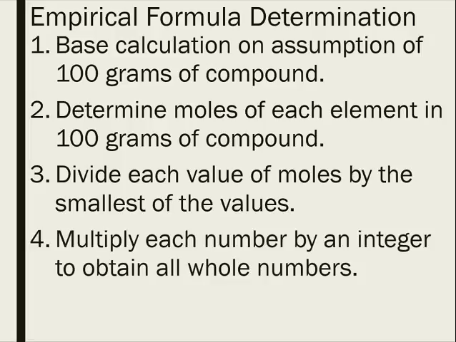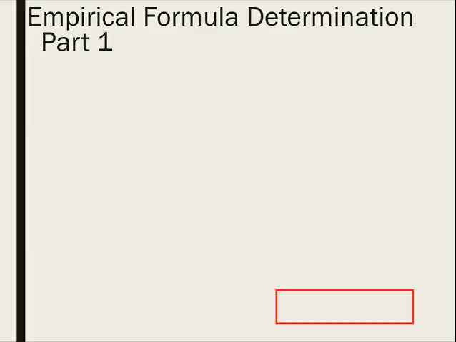Then lastly, we'll multiply each molar value by an integer, and we'll determine that at the time, to obtain all whole numbers. So we have to find whole numbers. And again, as we go through, have these 4 steps on your mind, open to this slide so you can follow along.